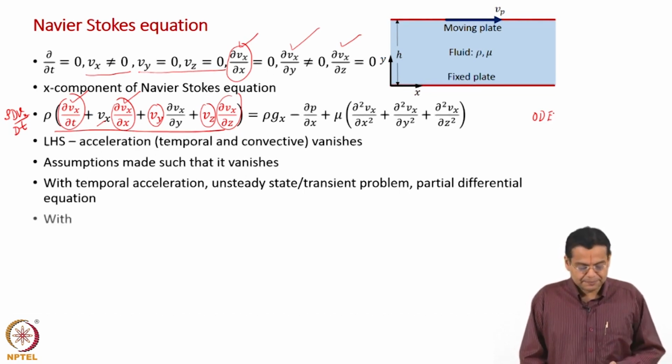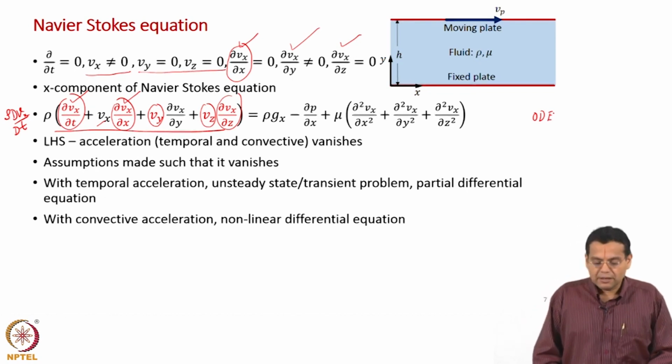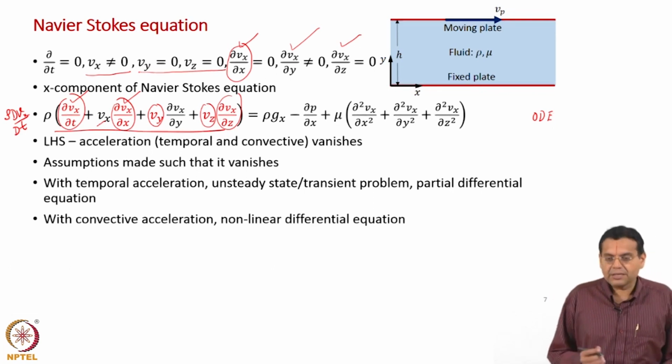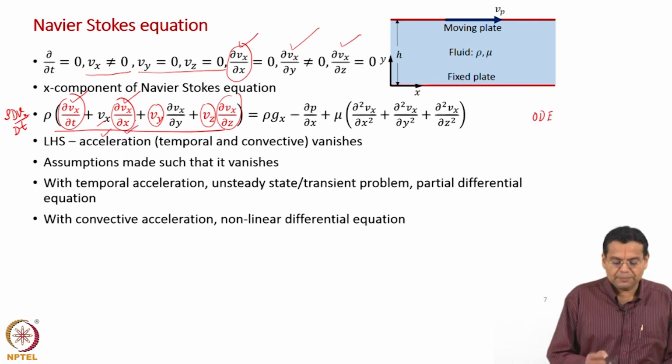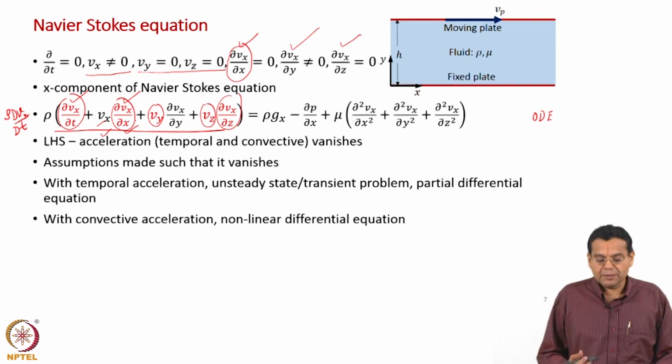Now, second, what would happen if we had the convective acceleration terms on the left hand side? Okay. Now, if you look at those terms, remember, the velocity components are all unknowns. So, we have a product of two unknowns, either the variable as such or variable times derivative of the variable, which means that they are non-linear terms. Non-linear terms are usually much more difficult to solve.